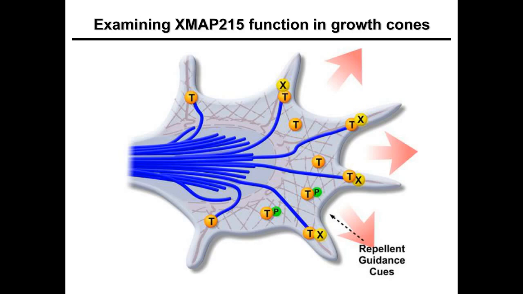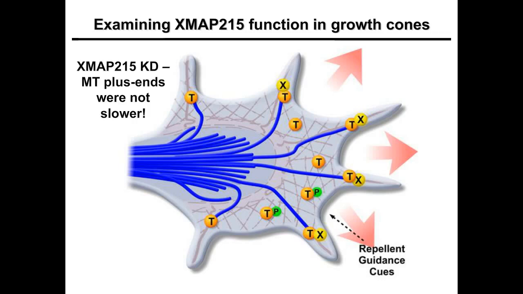Now, I actually studied XMAP215 a little bit during my postdoc, but when I knocked it down, the plan had been to knock it down and see a slower polymerization and then look to see how XMAP215 was spatially regulated in the growth cone. But during my postdoc work, when I knocked XMAP215 down, I did not find that microtubule plus ends were slower. And actually, the microtubules themselves were moving in some patterns that were not expected.